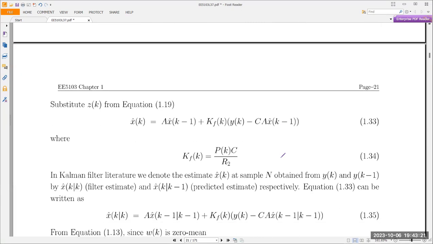All right. Now, in Kalman filter literature, the notation is like that. They make a distinction between xk that is estimated using yk.